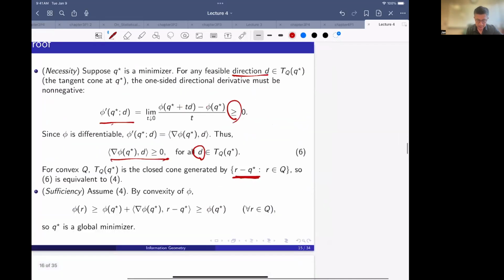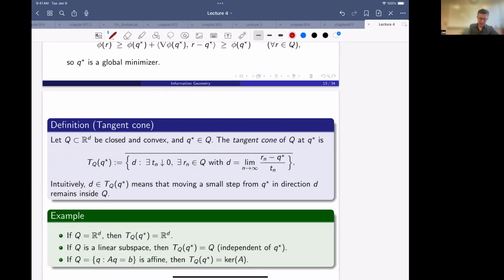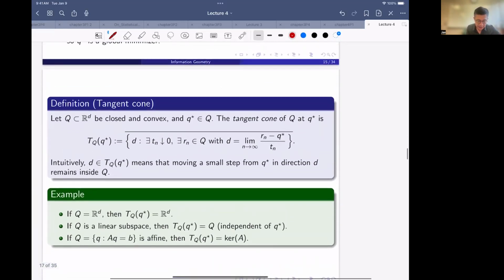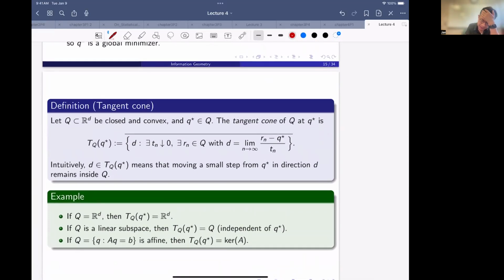So yeah, and then tangent cone. Given your Q star is a fixed point, you want to create a sequence converging to Q star with direction D. If you think of this kind of sequence, we will make t_n go to 0, right?